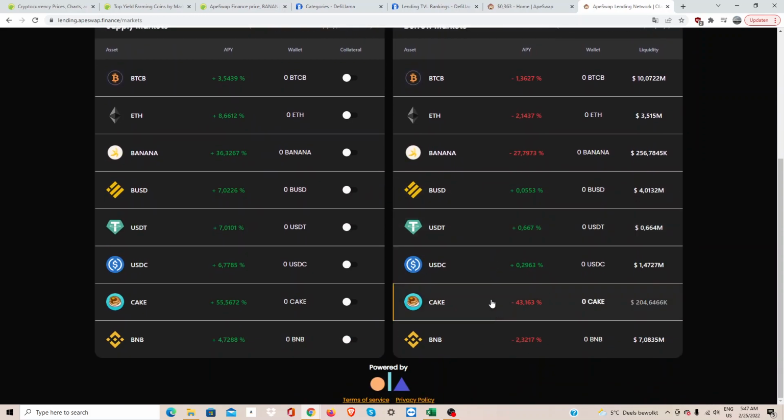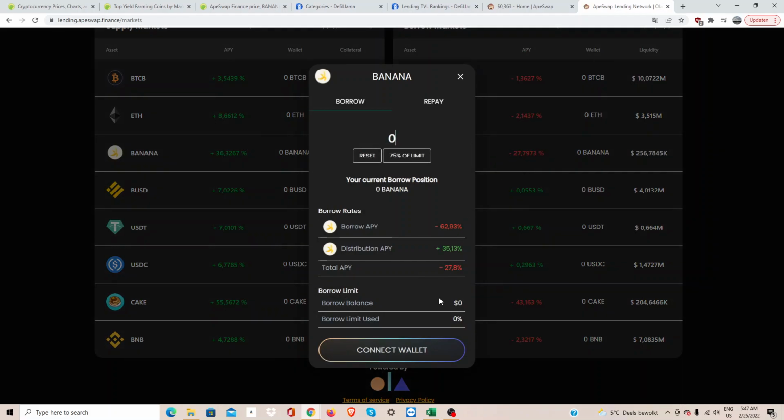And I almost forgot to mention, what I did was I borrowed this one, and there is of course a maximum that you can borrow, meaning that this is actually the liquidation rate also. So if the price of banana coin would suddenly begin to spike, and I would, for example, borrow 75%, then my whole position, so concrete example, I have deposited $100 of BNB.